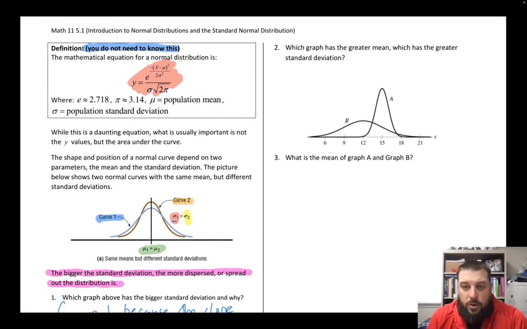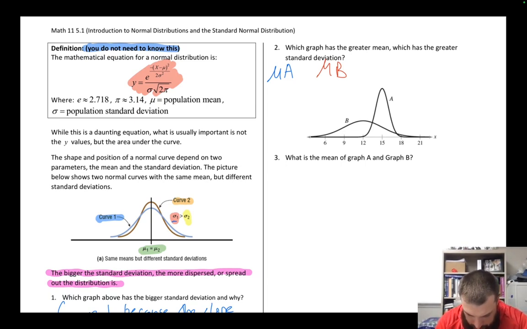All right, now let's look at number 2 here. Which graph has a greater mean and which has a greater standard deviation? So let's look at two things. So remember our mean, all right? So that symbol again, so the mean of A, how does that compare to the mean of B?